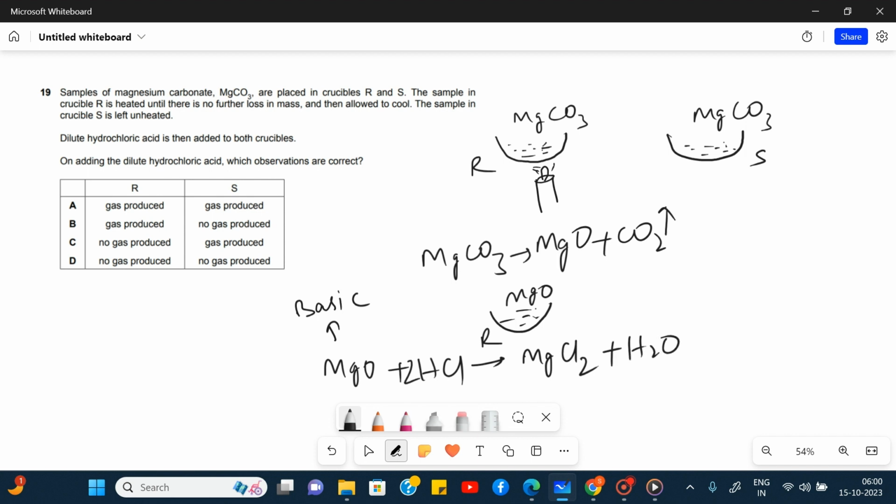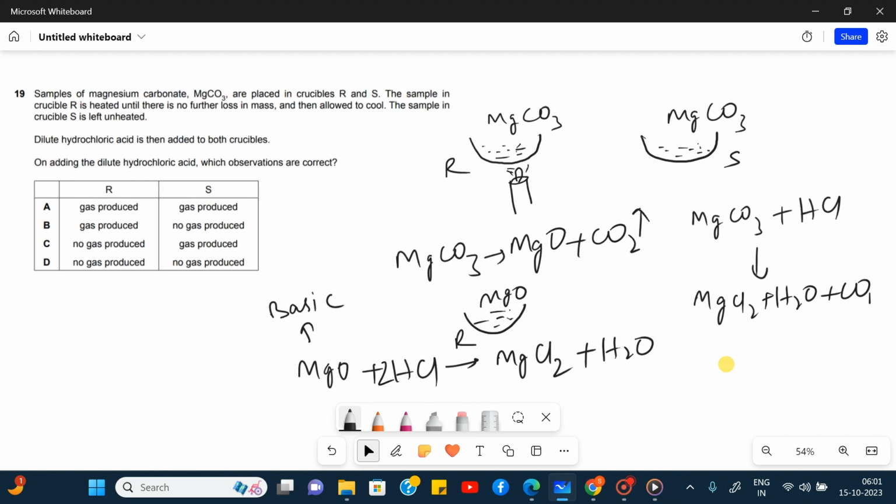If I look at the other crucible which contains MgCO3, if you react MgCO3 plus HCl, you will get magnesium chloride plus H2O plus CO2. That means a gas has been released. So for R there is no gas released. For S, gas has been produced. So option C is the correct response.